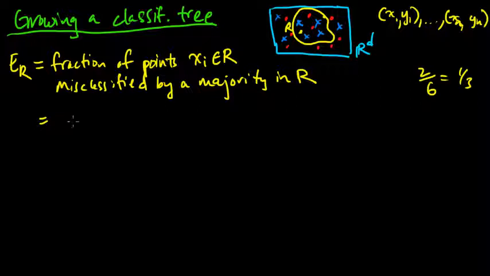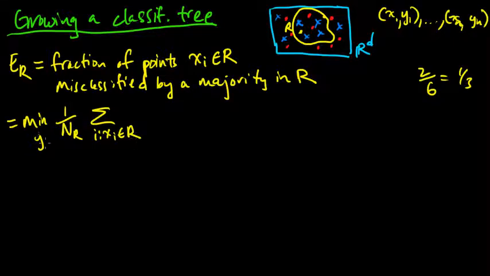And we could make this a little more formal. If nR is the number of points in R, to make this look similar to the regression case, we would take the min over all the possible classes y of the fraction of points, written using an indicator function, that are not equal to y.